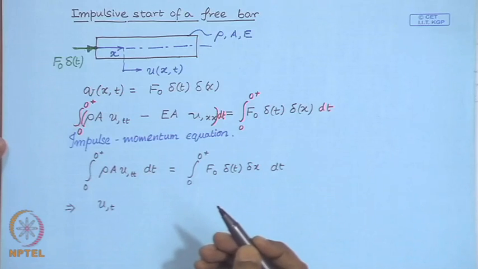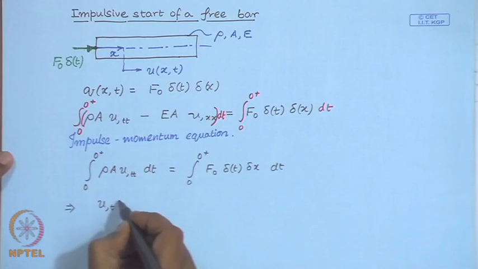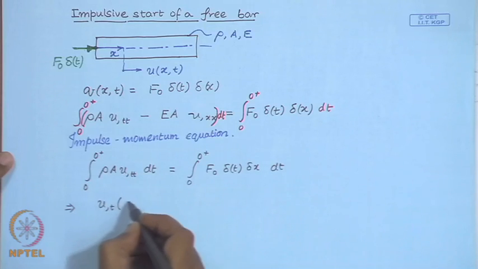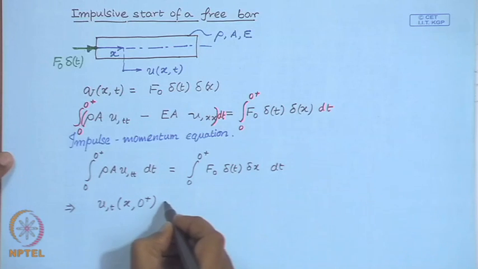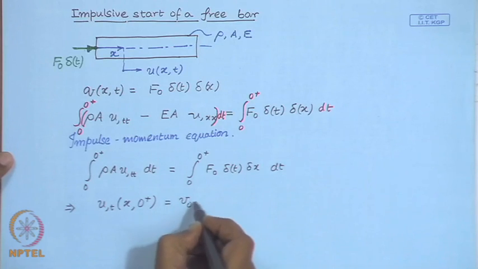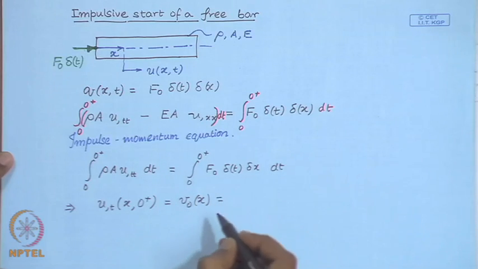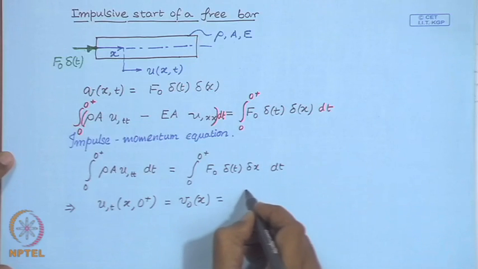What we obtain immediately is, this gets integrated once and the velocity at 0 is 0. So, the velocity just after the impulse is what we obtain, represented by v naught of x. This is the distribution of velocity just after the impulse.